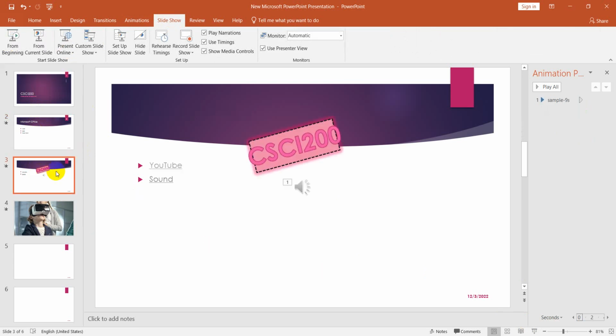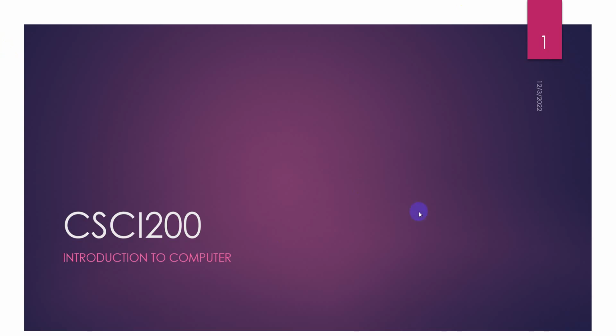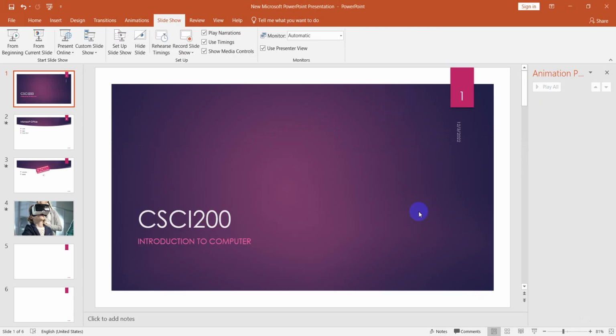So for example, if I'm selecting now the slide number 3 and click on from the beginning, the slideshow will be run from the slide number 1, from the beginning of the document. Now to exit the slideshow, we click on the escape on the keyboard.